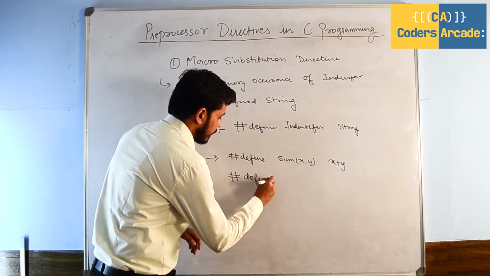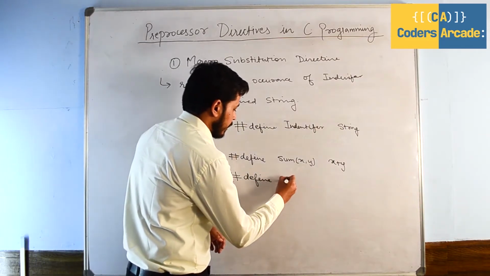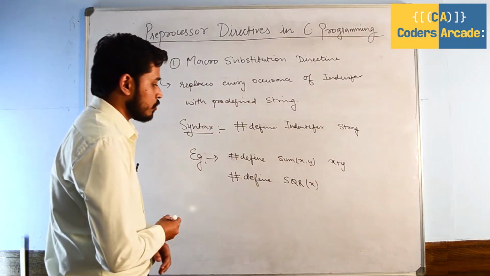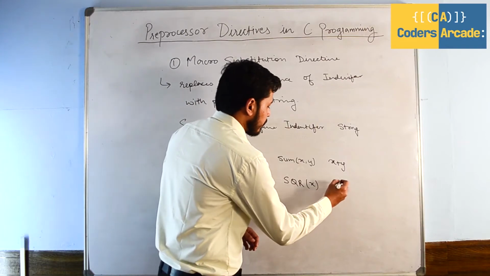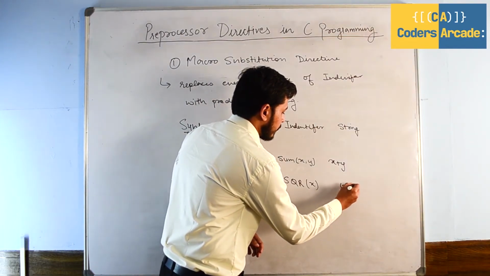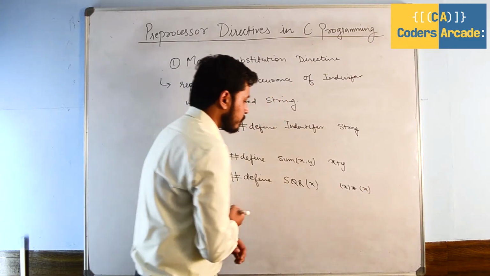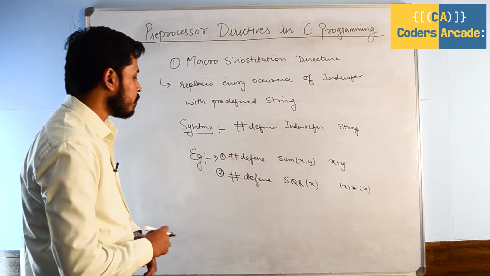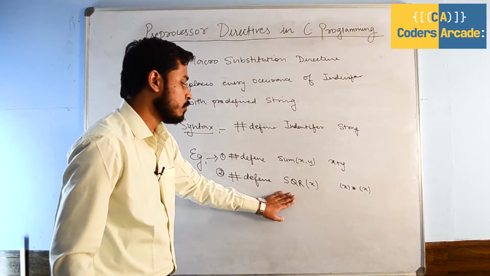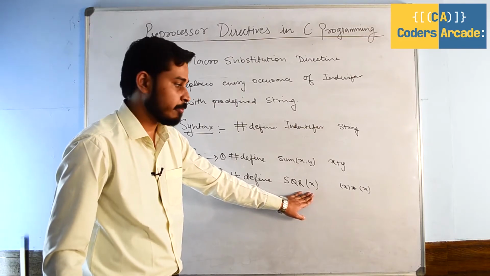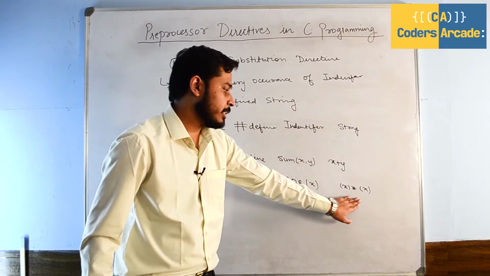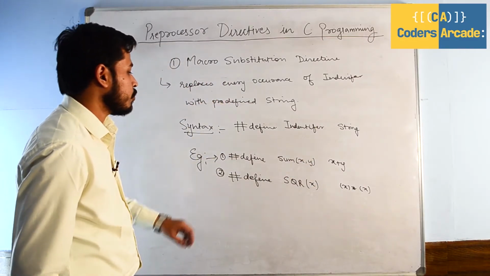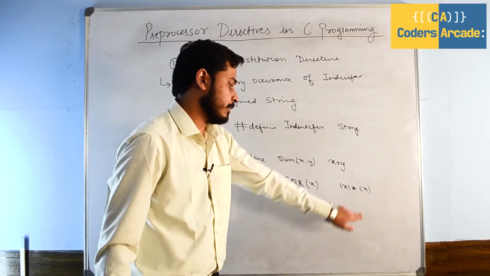Let us see another example. #define, let us say I write SQR in capital and in bracket x. So this SQR(x) will be replaced by x * x. All right, so this is our first example and this is our second example. So now in this program, wherever SQR(x) will be there, that will be replaced with x * x. So we can use this to replace an identifier with a predefined string.